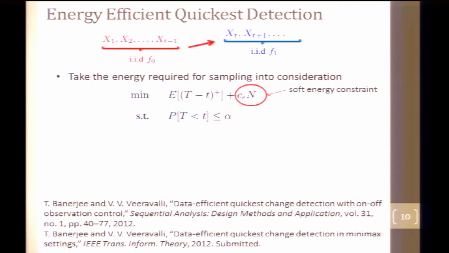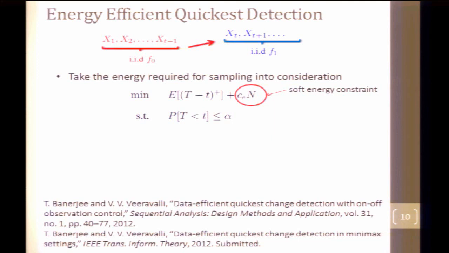There are some papers by Professor Veeravalli at UIUC. They consider this kind of change point detection with an energy constraint. What they do is put an additional term in the cost function. Remember, this is the cost function for measuring delay, and then they put an additional one which measures how much energy you use for your scheme.